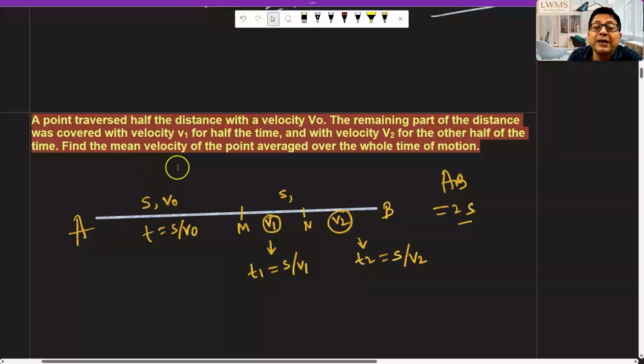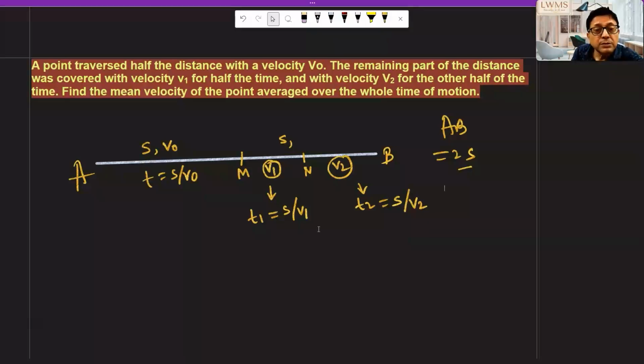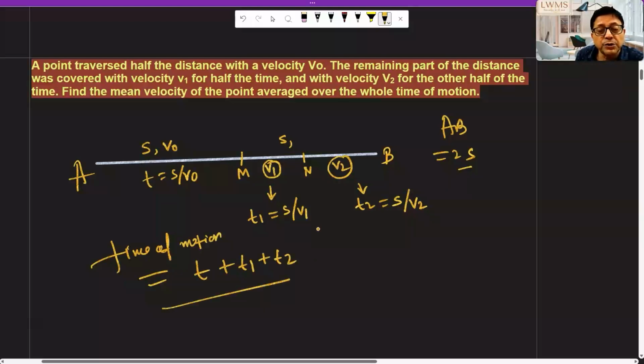Your problem is to find the mean velocity of the point averaged over the whole time of motion. What is the mean velocity for the whole time of motion? The whole time of motion in our consideration is equal to t plus t1 plus t2.